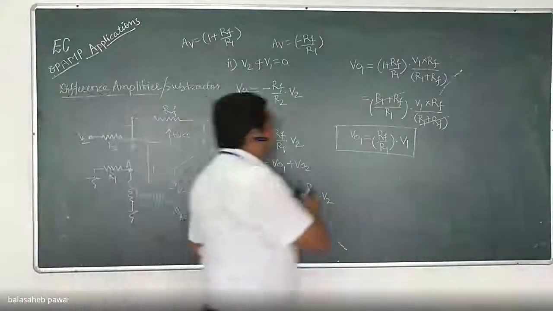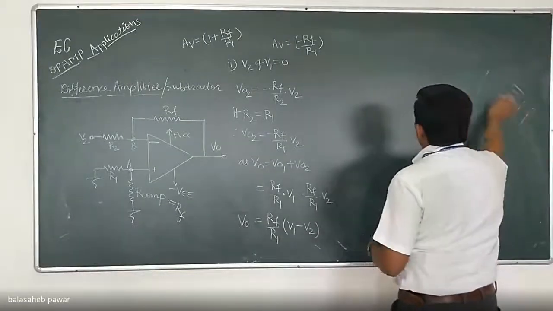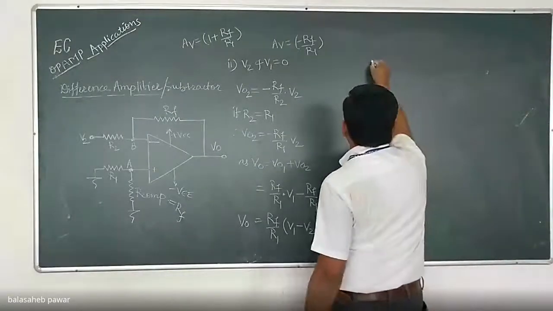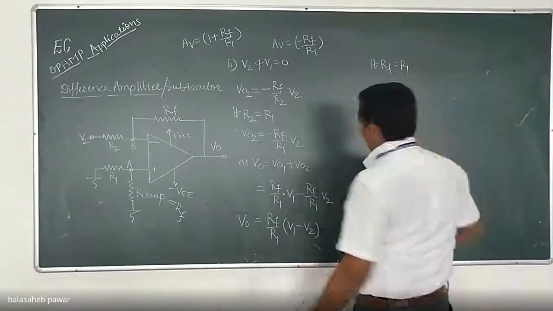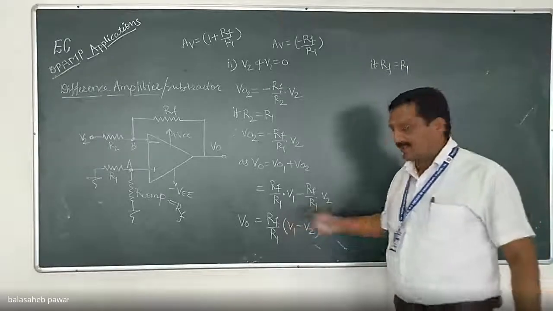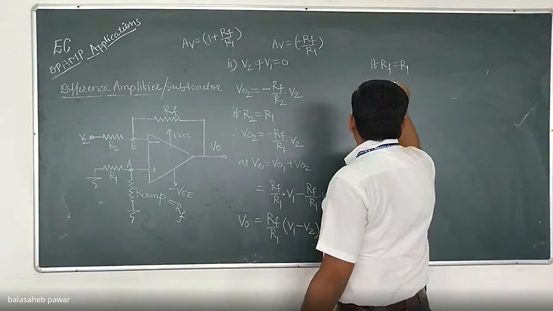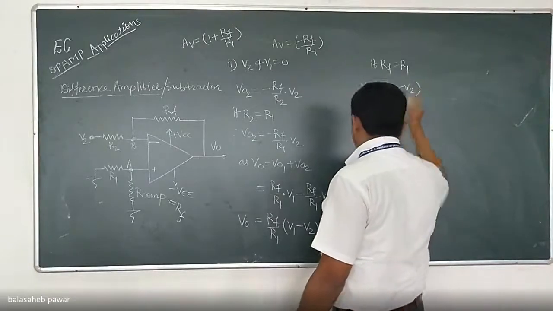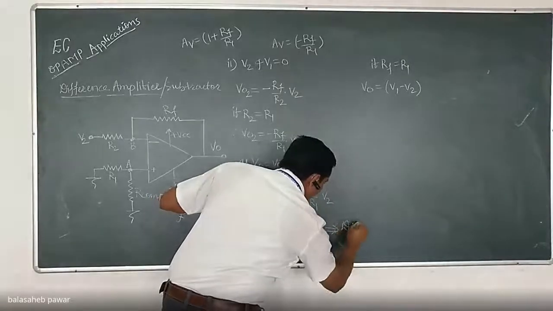Now, the last consideration: if the feedback resistor RF is equal to R1, if these two resistors are equal, then how much will be VO? That VO will be simply V1 minus V2. So this equation is applicable to a difference amplifier.